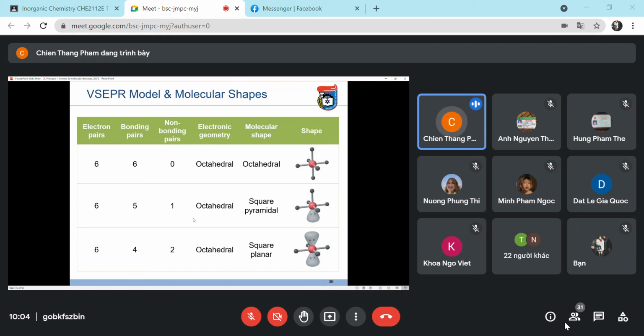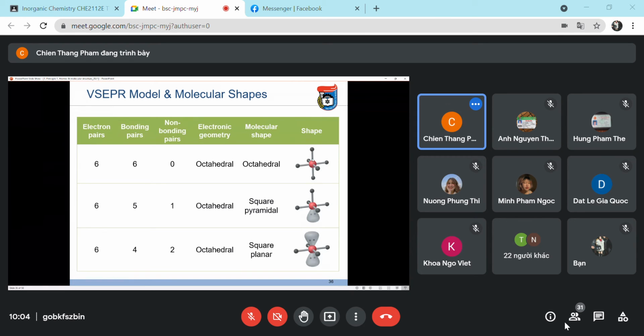We don't need to remember this. For example, when you learn in fundamental chemistry one, this is some kind of notation, AXE. This one is very difficult for you to apply. You don't need to learn the molecular shape by heart.